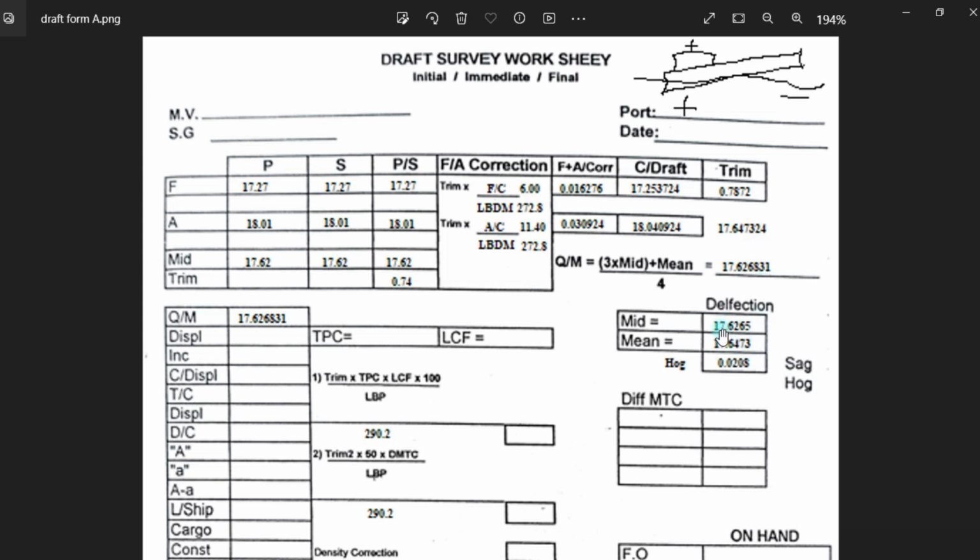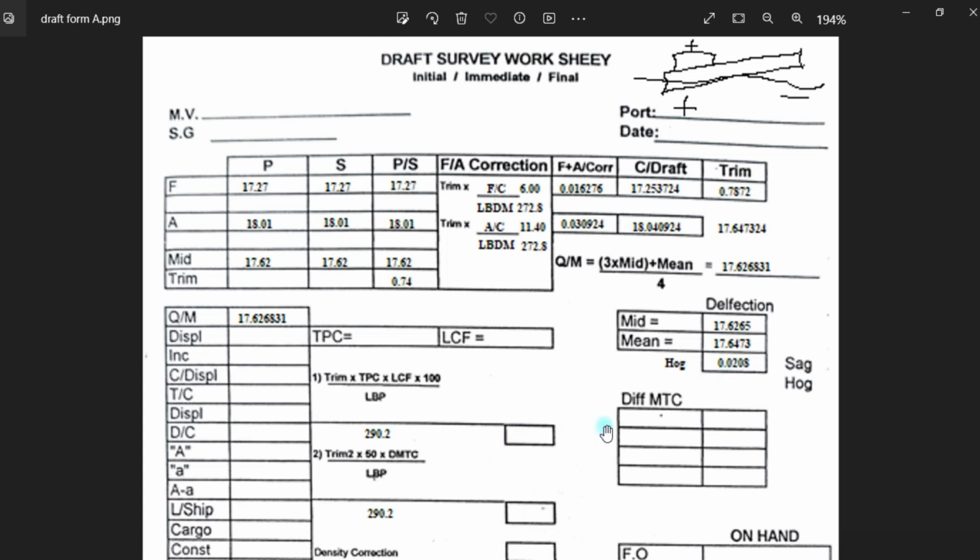You subtract the lesser from the greater, and you will have a deflection of 0.02, 0.08. If your mid is less than your mean, then you are in hog condition. If your mid is greater than mean, then you are in sag condition. In this case, your mid is less than your mean, so you are in hog condition of 2 centimeters.